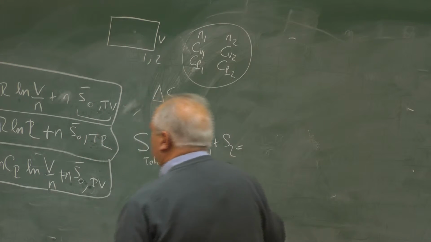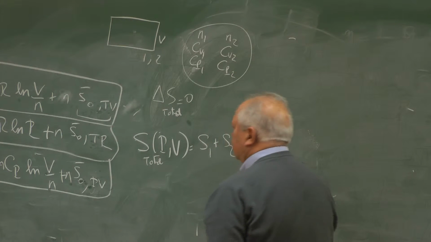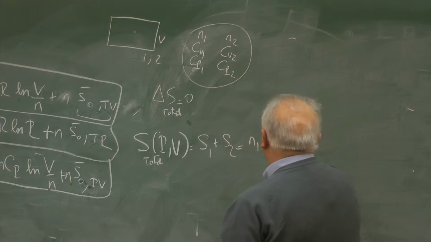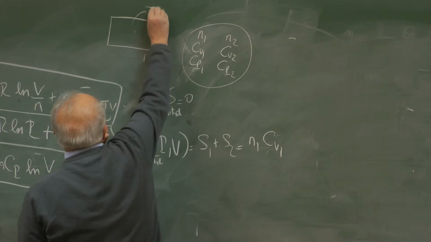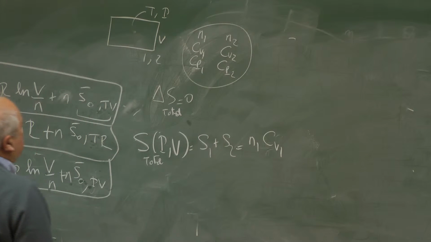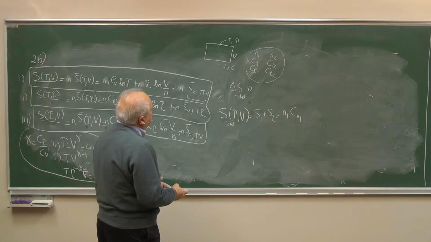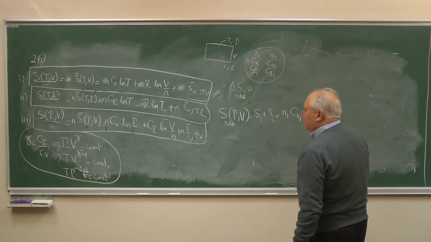Let's write it: N1 CV1 log. So this system has temperature T and pressure P, but pressure P is due to the pressure of the gas 1 and also of the gas 2. So we have to take that into account.